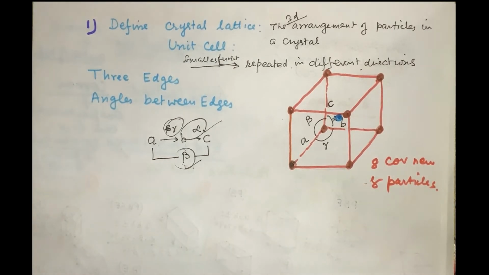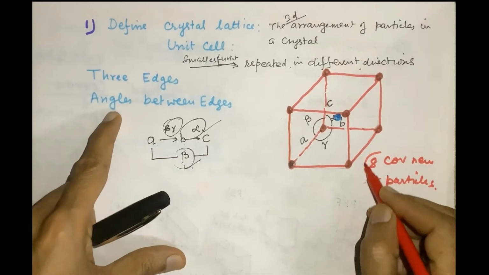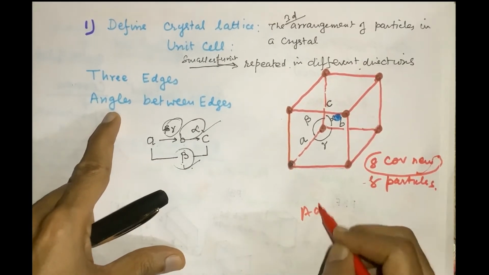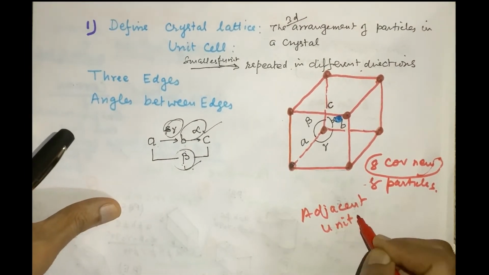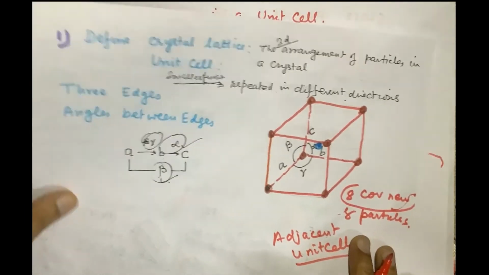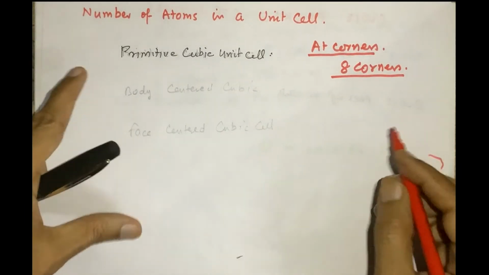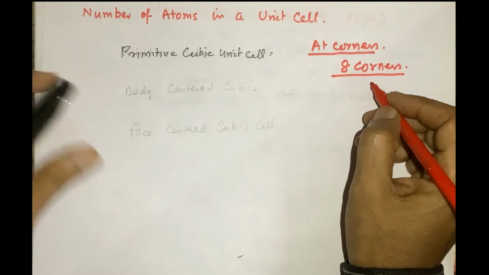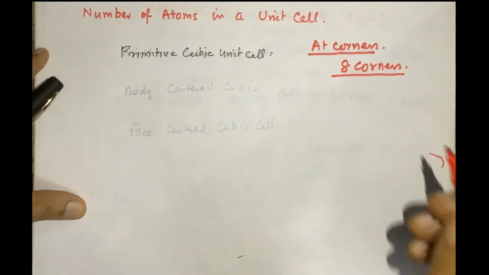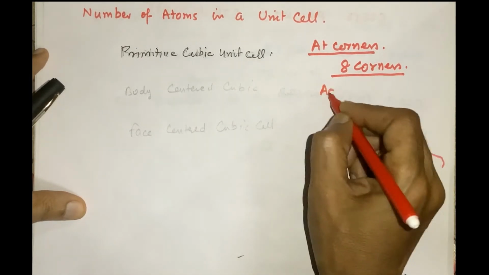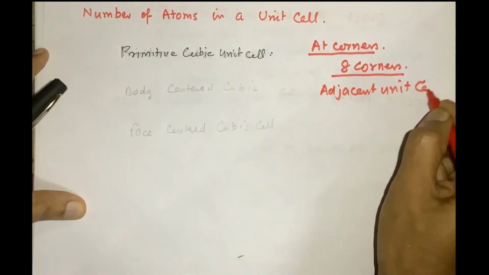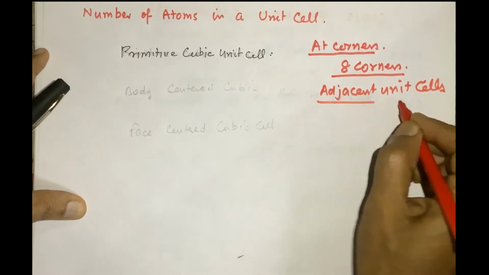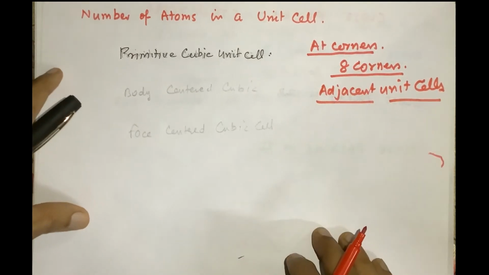But these constituent particles, they are the part of adjacent unit cells. So each constituent particle is also a part of adjacent unit cells. And how many adjacent unit cells does each particle share?